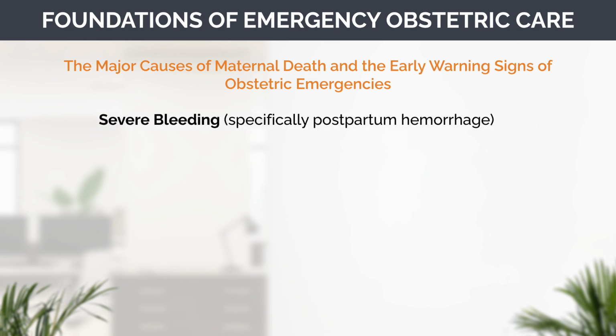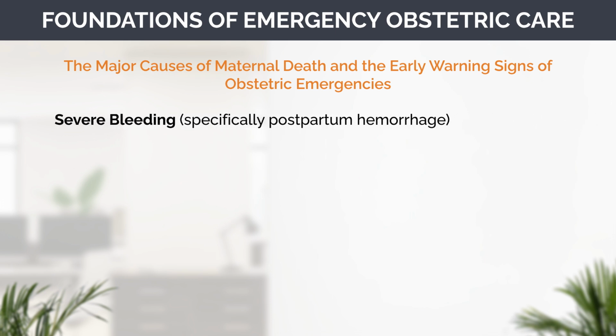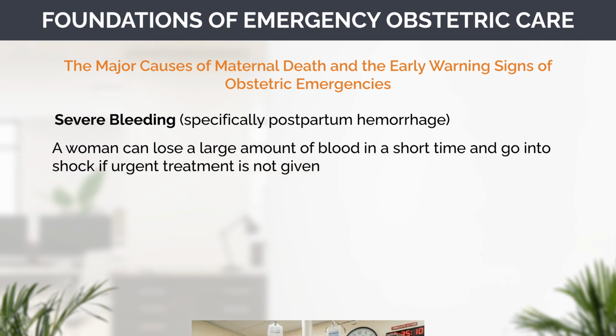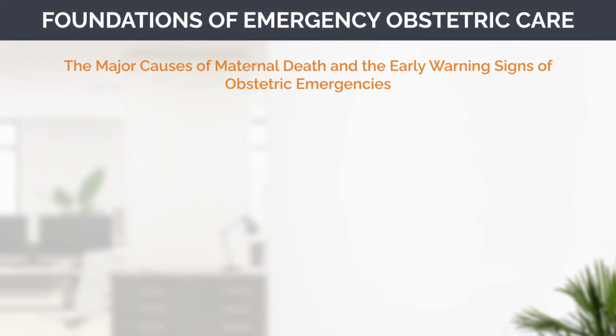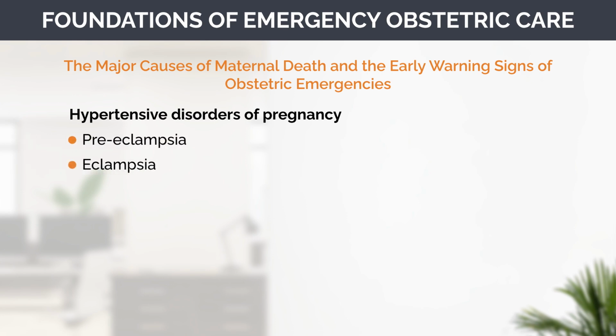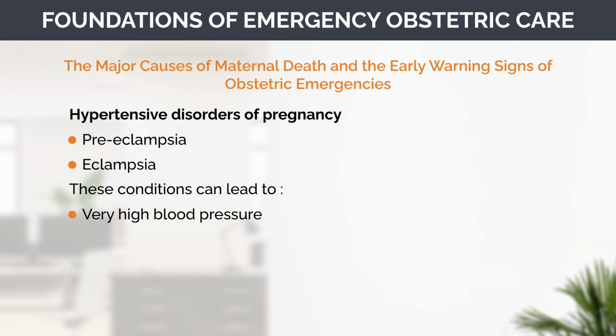First, severe bleeding, specifically postpartum hemorrhage. A woman can lose a large amount of blood in a short time and go into shock if urgent treatment is not given. Second are hypertensive disorders of pregnancy, such as preeclampsia and eclampsia. These conditions can lead to very high blood pressure, seizures, stroke, organ failure, and death.